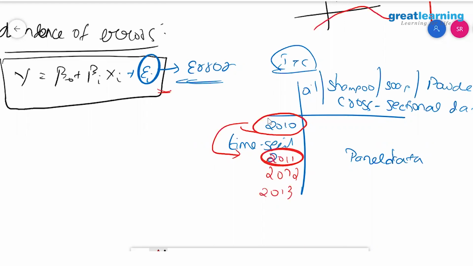So the variable becomes dependent across the time series. For executing a regression, it should be time independent. The error value should not be time dependent. If it is time dependent, we cannot execute it.